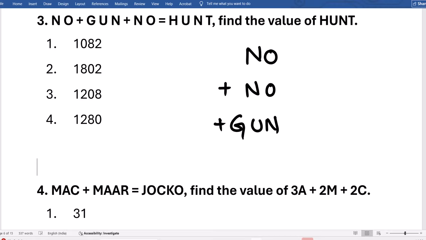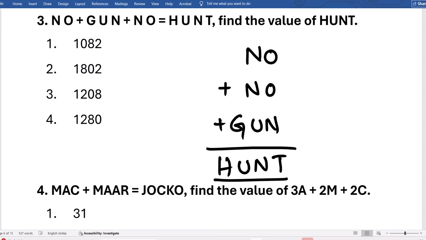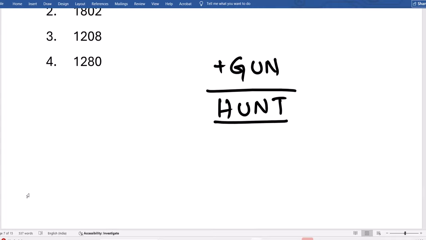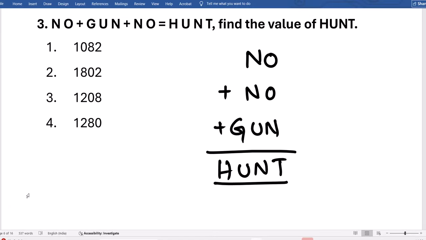Now here, 3 single digit numbers adding, carry can be 0, 1, 2. Question is regarding HUNT, H-U-N-T. Use options. Options are available, utilize them.